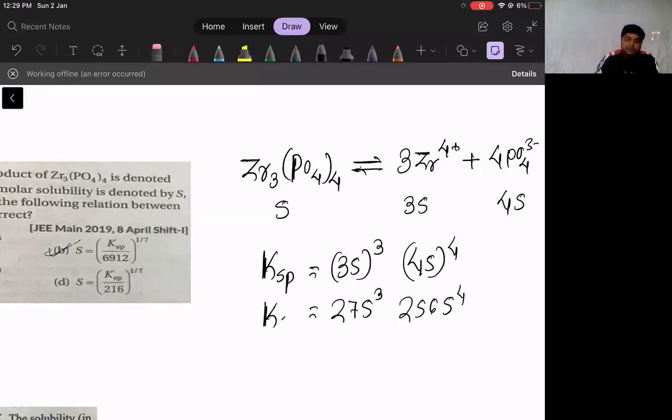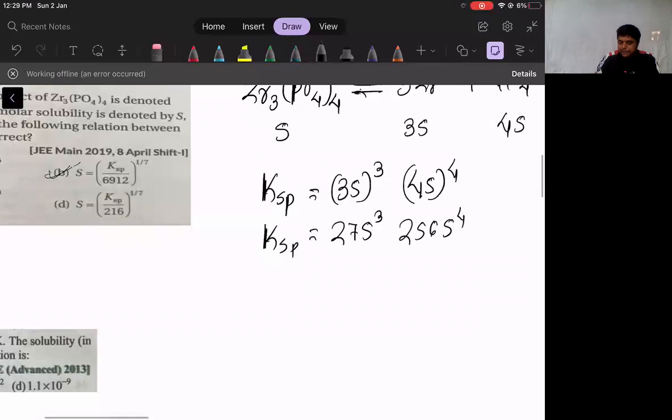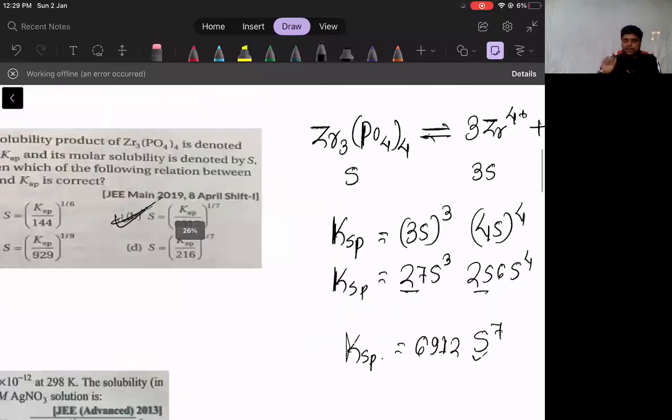So this is our KSP value. When we multiply these two terms, this comes out to be 6912 S raised to power 7, and this is our KSP value. So how S will be related, we can eventually see that this relates to our option B. So this will be the answer.